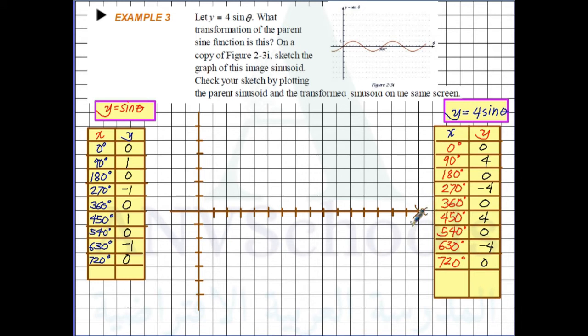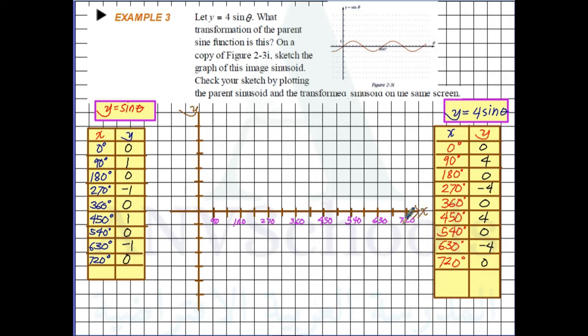So if this is my x, this is my y, I'm going to label all the degrees, all the x values. So this would be 0, 90, 180, 270, 360, and then we have 450, 540, 630, 720.